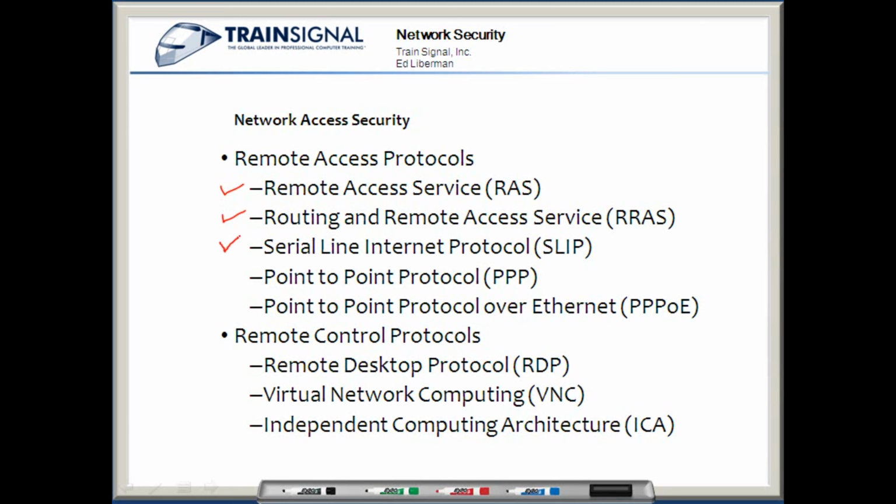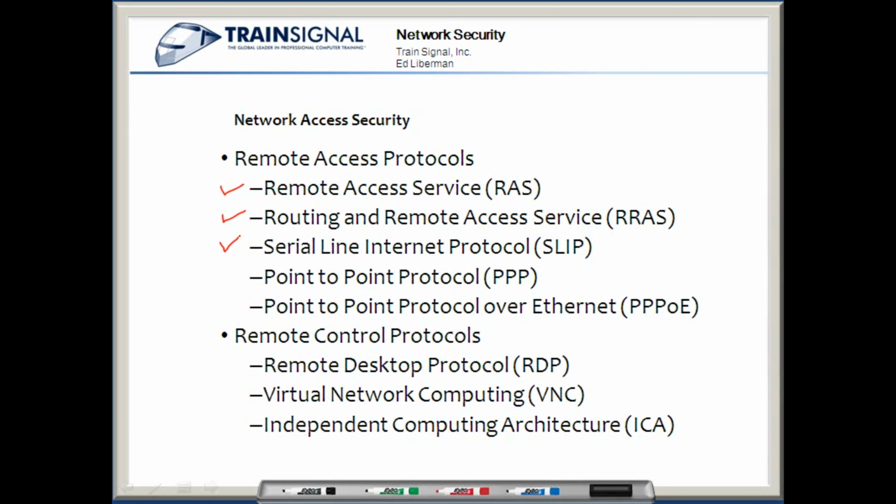Next, we have the Serial Line Internet Protocol, or SLIP. Now, SLIP is considered to be an old, antiquated remote access protocol. It is still possibly used by some older Unix-based systems, but basically I can tell you that SLIP is not very secure. It doesn't have a lot of functionality.